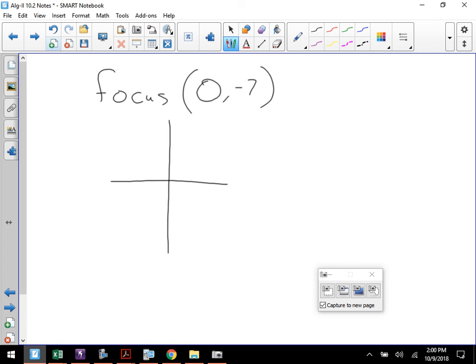What way do I go for 0, -7? So which way is this opening? It's opening down. Remember, you're always going to open towards the focus. Everything's centered at the origin. If I'm opening towards the focus, what's my value of p? -7. It's got to be -7 because it's moving downward.